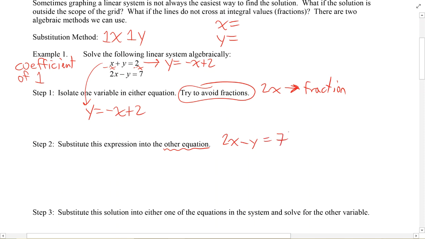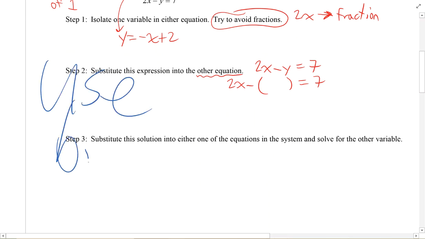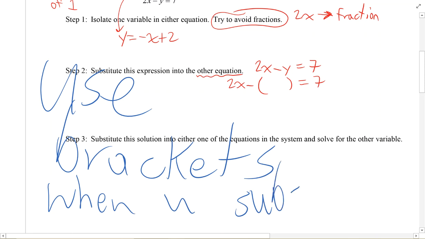So we get 2x minus, and now for y, you've got to use brackets when you substitute. Let's write this down as important as it is: use brackets when you substitute.